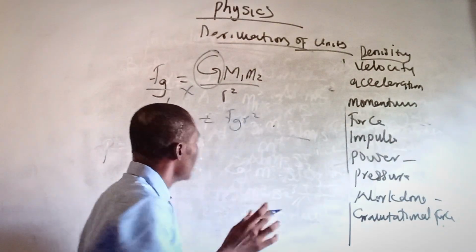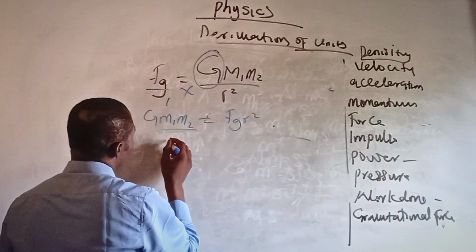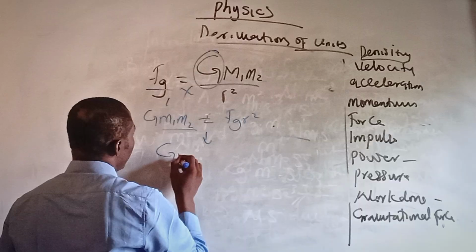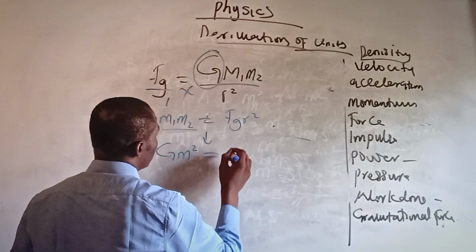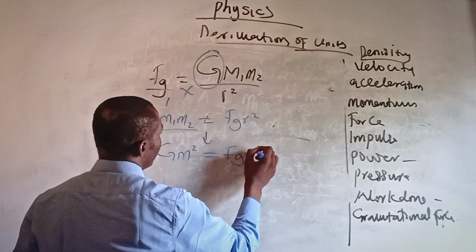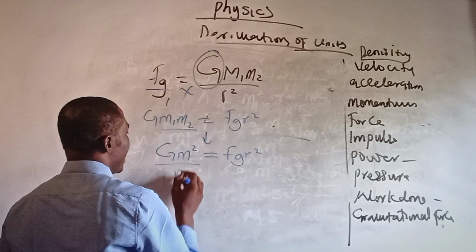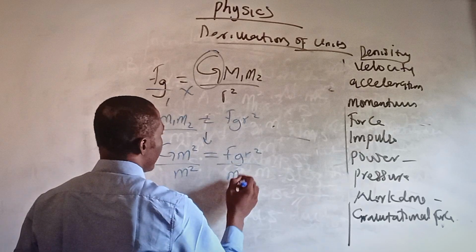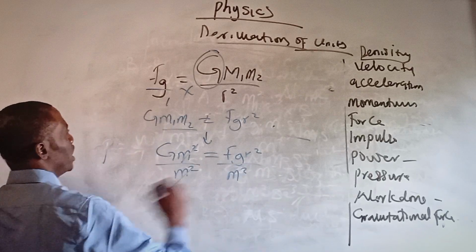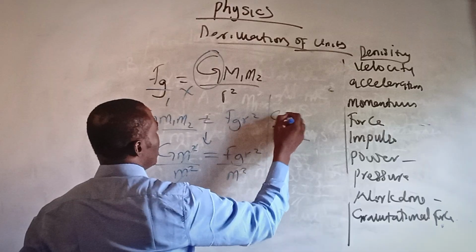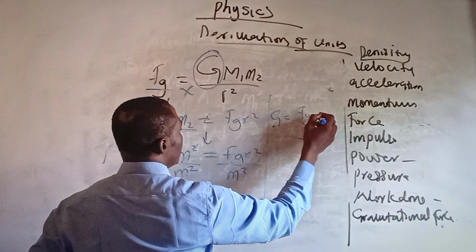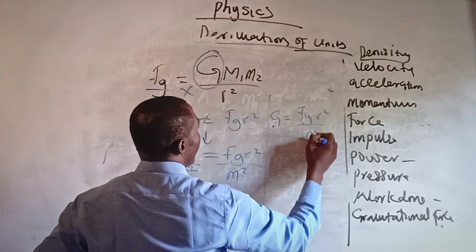So G M squared is equal to Fg R squared. If I divide by M squared, it will cancel M squared. So G is equal to Fg R squared over M squared.